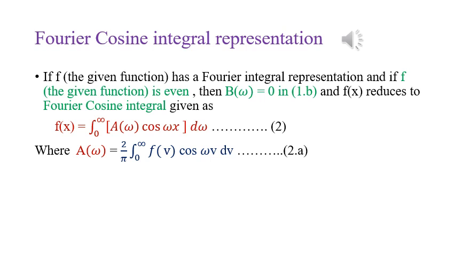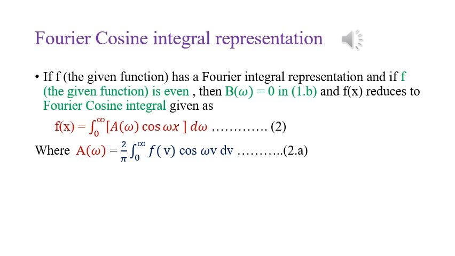Okay, now we will go to the Fourier cosine integral representation and the Fourier sine integral representation. I have added a note in slide 13 that even function into even function gives an even function, odd function into odd function gives an even function, even into odd gives an odd function, odd into even gives an odd function.